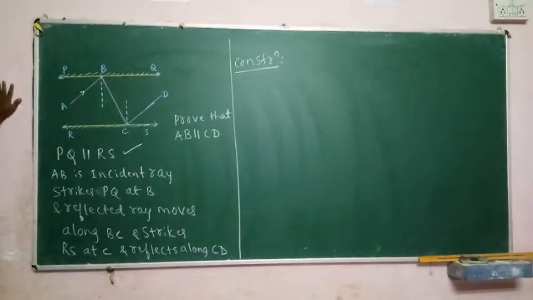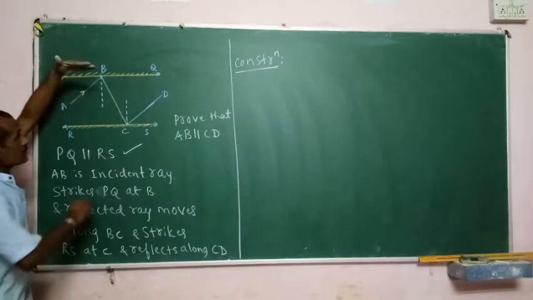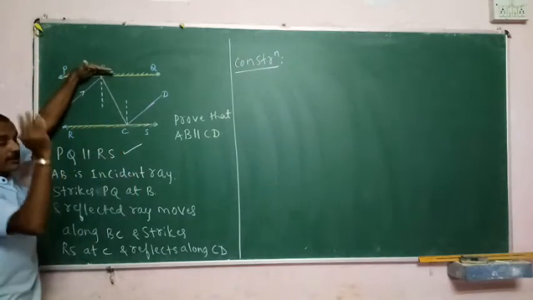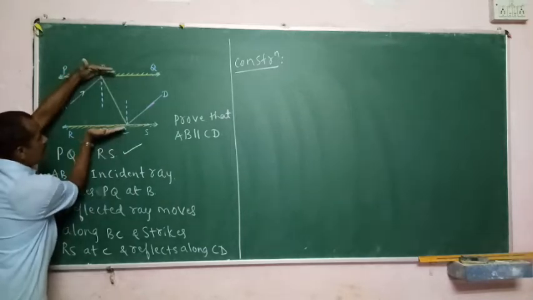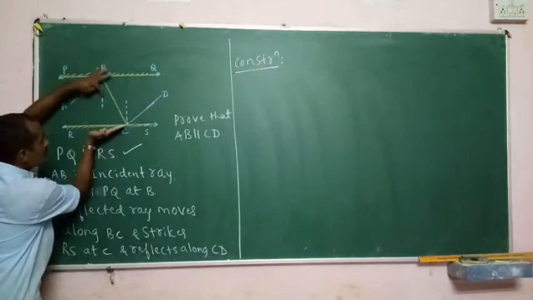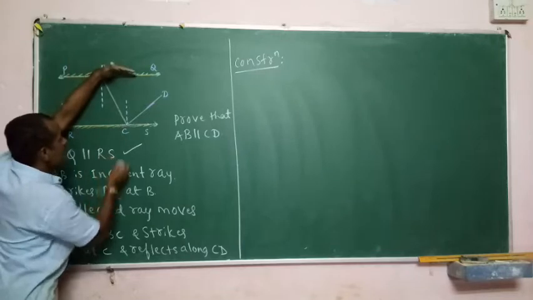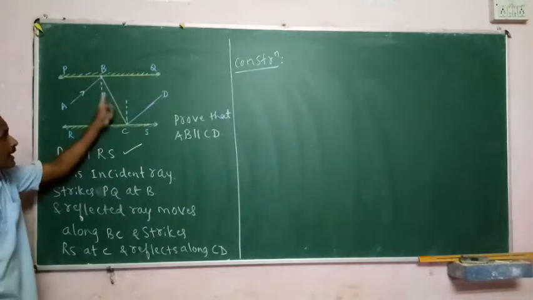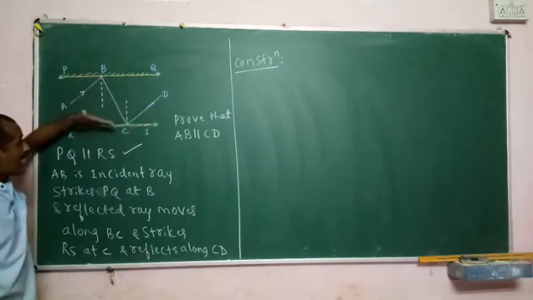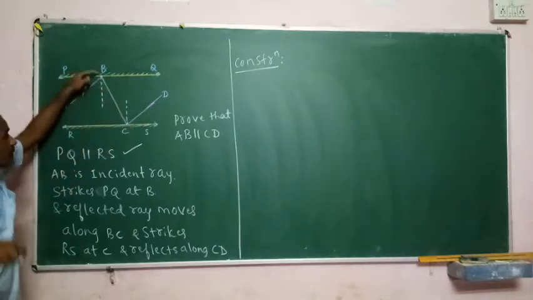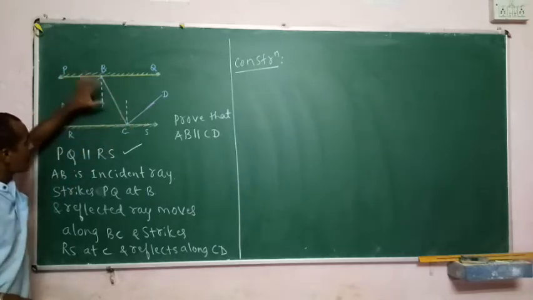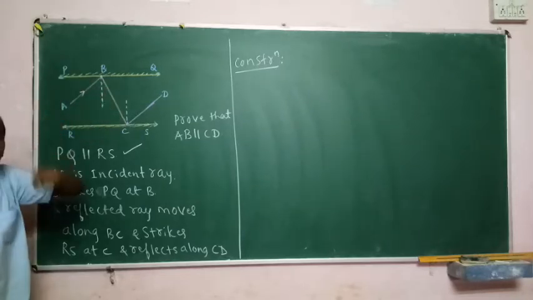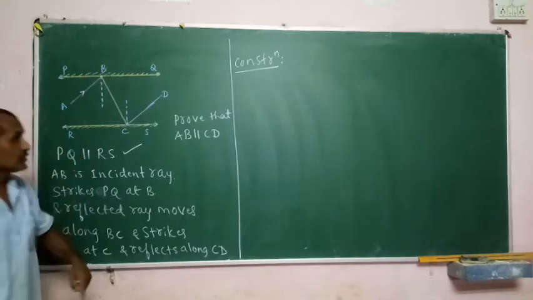Now, these are the two parallel lines. Listen very carefully. This is perpendicular to this, and this is perpendicular to this. So these are the perpendiculars to the parallel lines. That means they must be parallel to each other.